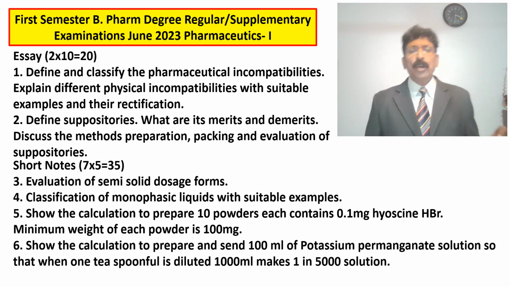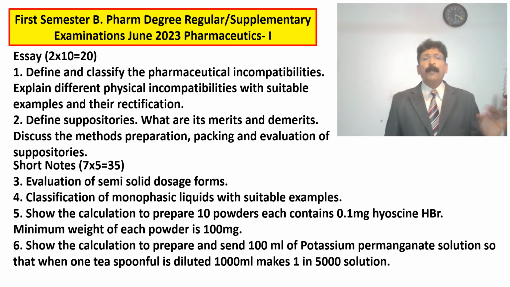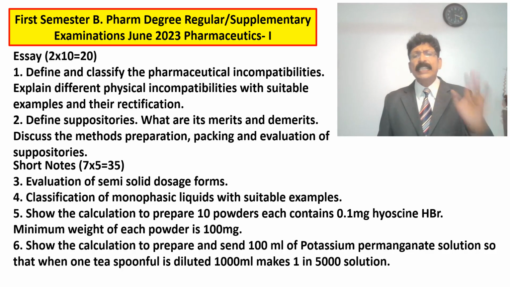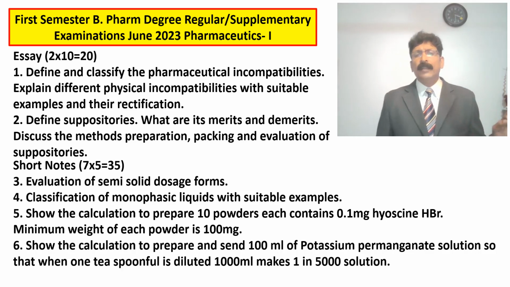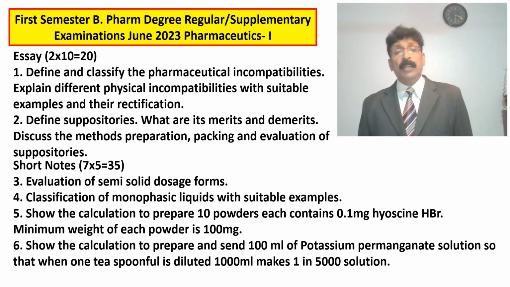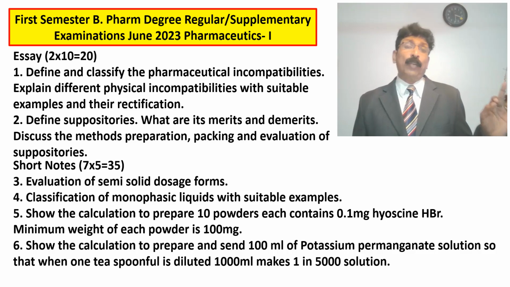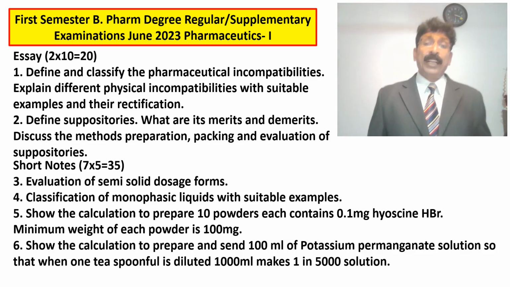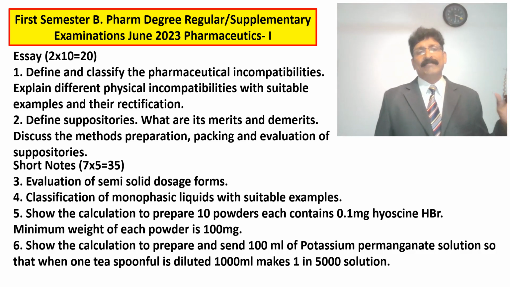So, you have to prepare each 100 milligram powder containing 0.1 milligram hyoscyamine. Show the calculation. If you know how they calculate, how to divide preparation, you can just write down.